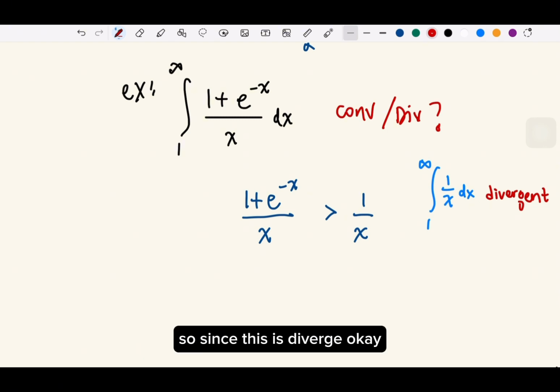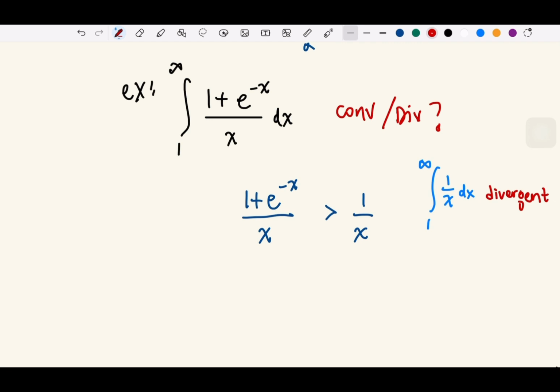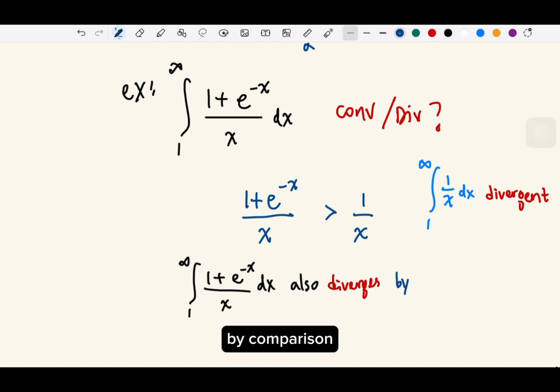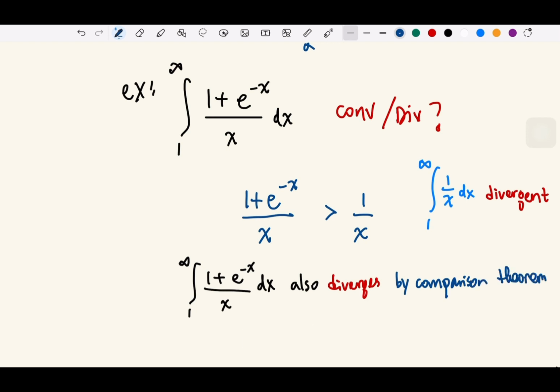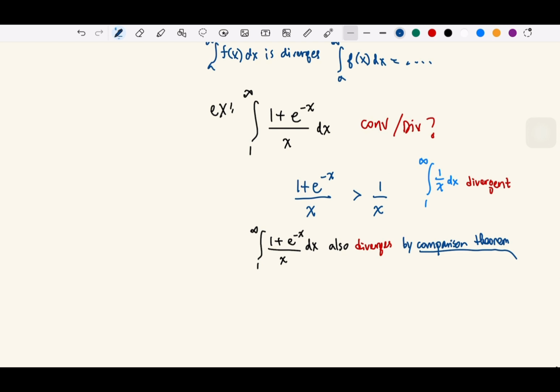So since this diverges, and this is greater than this, this will also diverge by the comparison theorem. Okay?